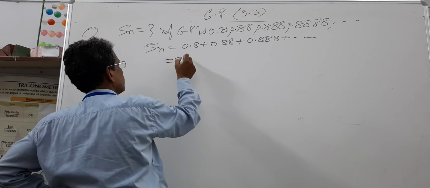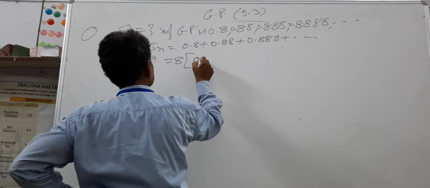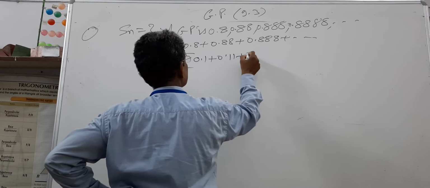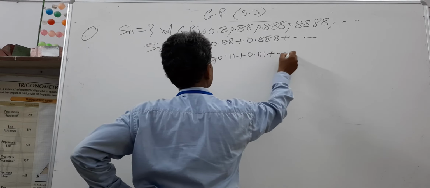Again take 8 common, it becomes 0.1, 0.11, 0.111 and so on.